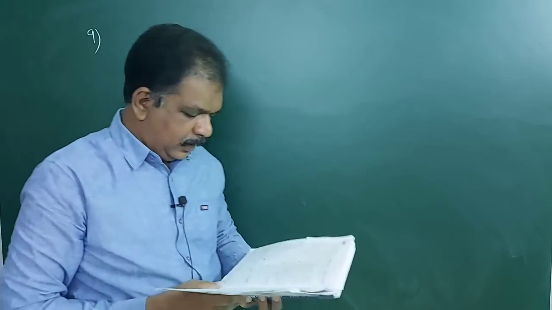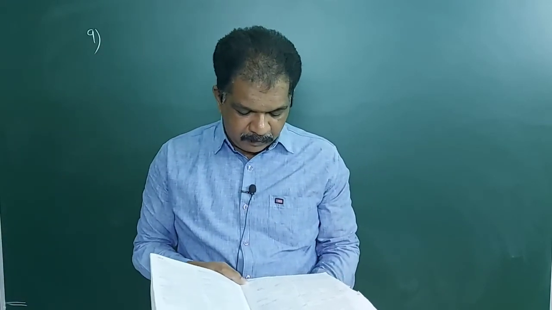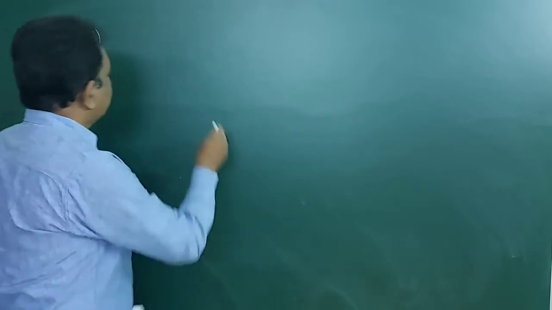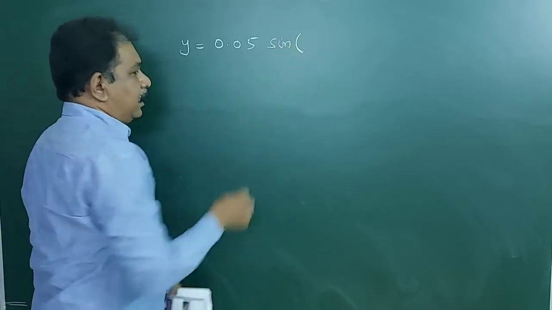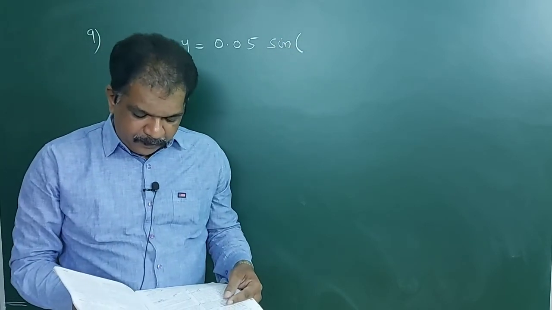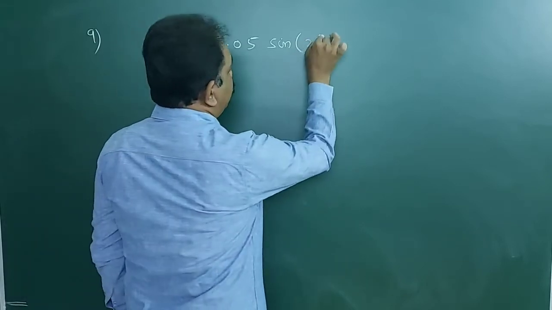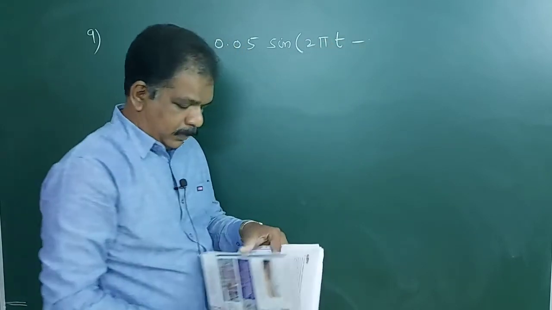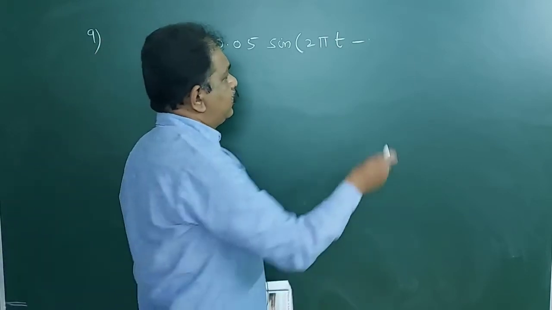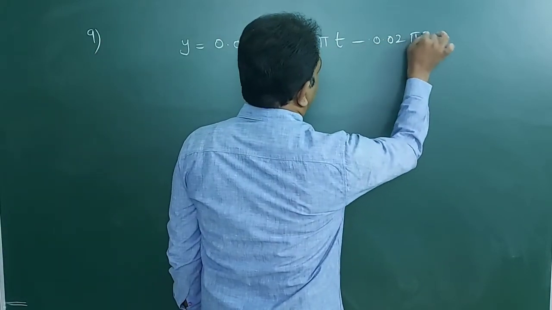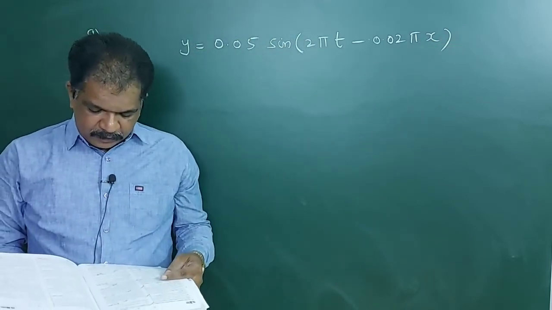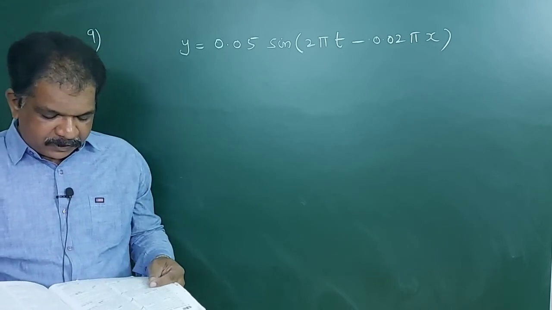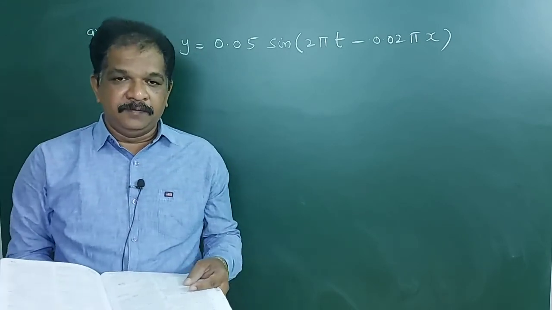What are they asking, see. The equation of a transverse wave is given by y is equal to 0.05 sine of pi, we will take inside, it will be 2 pi t minus 0.02 pi x. This is the equation they gave. Then what is the minimum distance of separation between the two particles which are in the same phase?